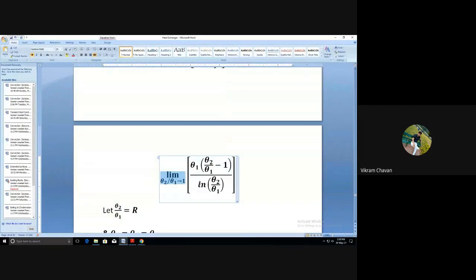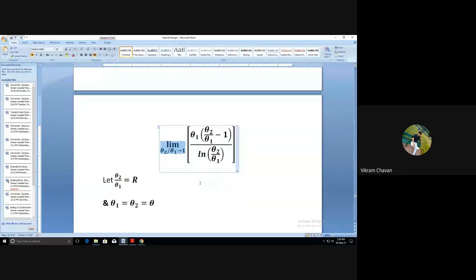Now further we are going to consider theta 2 divided by theta 1 as r for the simplification of the derivation. And as we have discussed that theta 1 and theta 2 values are the same, so if you consider theta 1 is equal to theta 2, which is equal to theta.